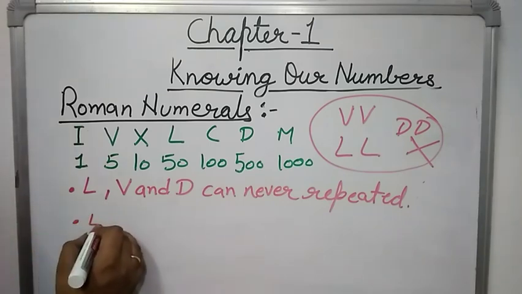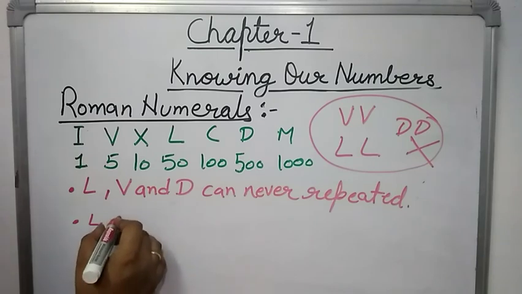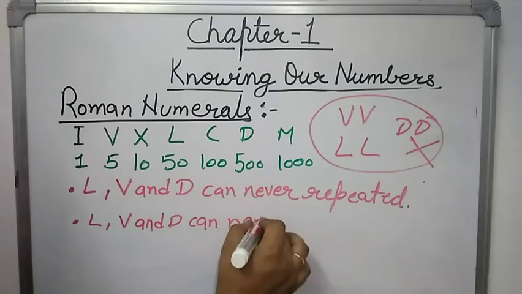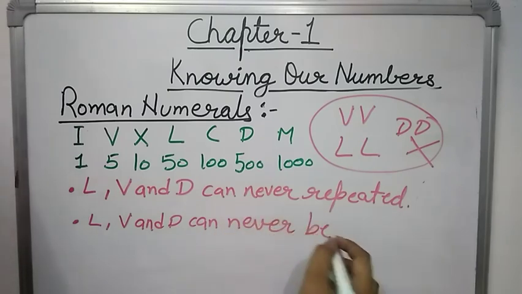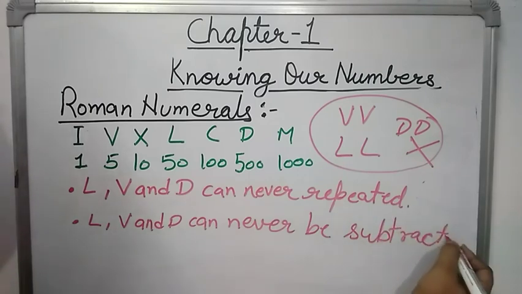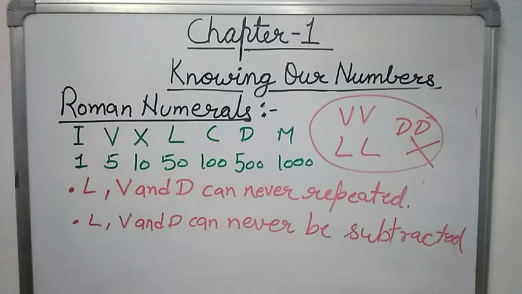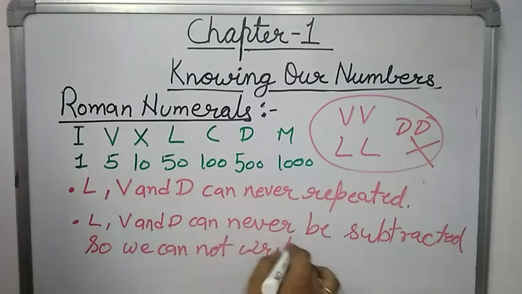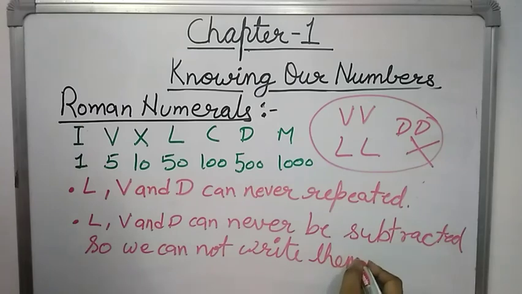And these L, V and D can never be subtracted, so we cannot write them on the left side of any number.